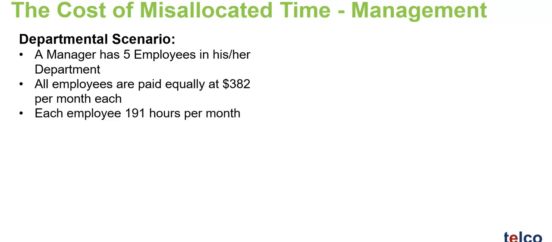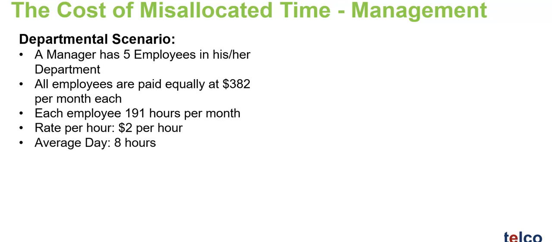Now, each employee by labor law in Zimbabwe or wherever you are in the world is required to work an average of 191 hours per month. That makes his or her rate per hour $2 per hour. We get that very simply by dividing his or her monthly remuneration of $382 by 191 hours, which gives us a rate per hour of $2.